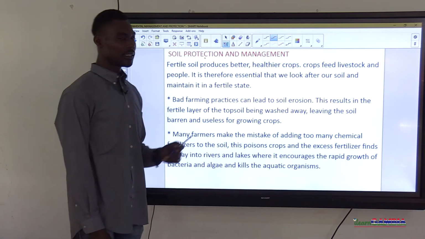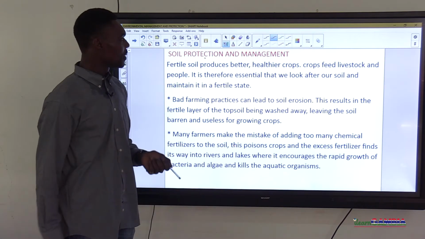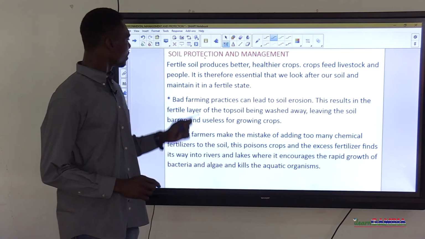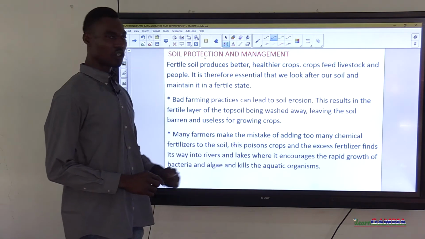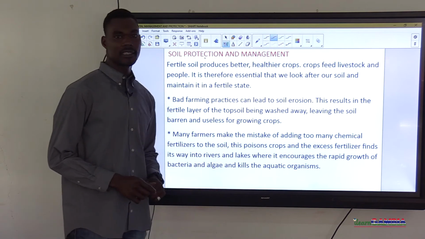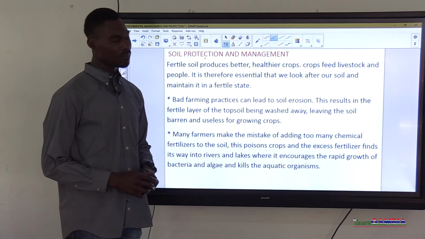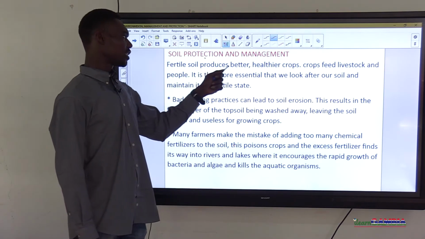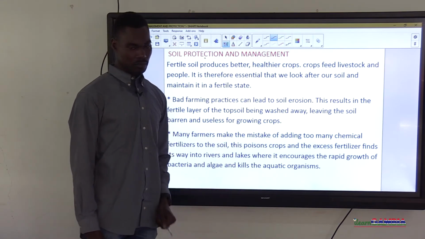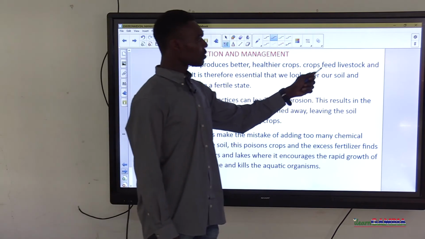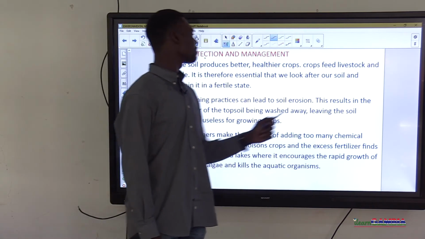Now let's look at this aspect of environmental management, that is soil protection and management. Fertile soil produces better, healthier crops. Crops feed livestock and people.